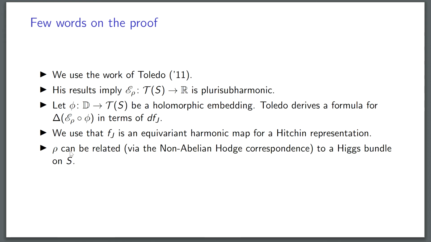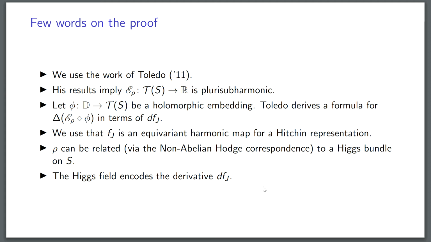Namely, it's a fact that Hitchin representations can be related via the non-abelian Hodge correspondence to Higgs bundles on the surface. And this is this Hitchin parameterization that we also mentioned in the previous talk. And this relation between the representation and a Higgs bundle on S gives us a lot more information about the derivative of the harmonic map we're looking at.